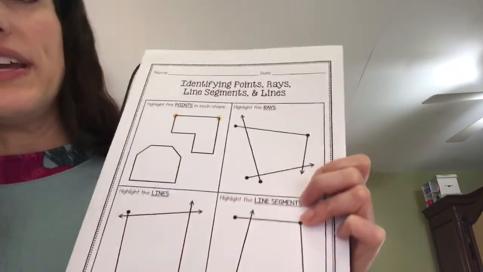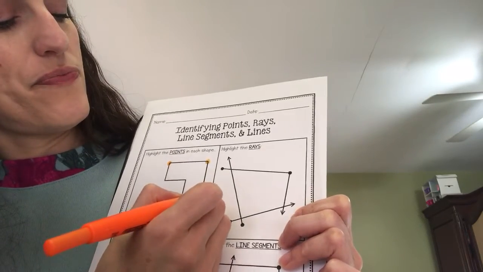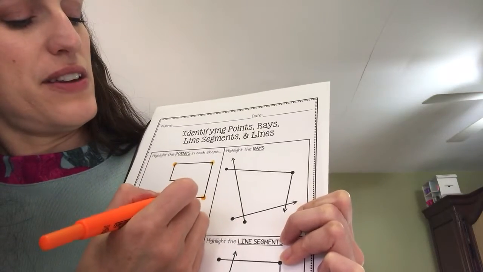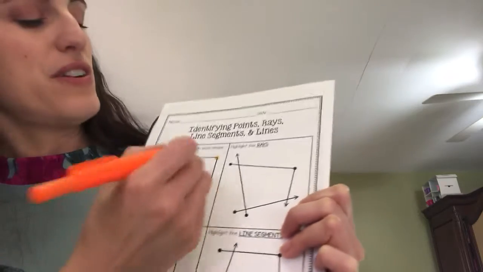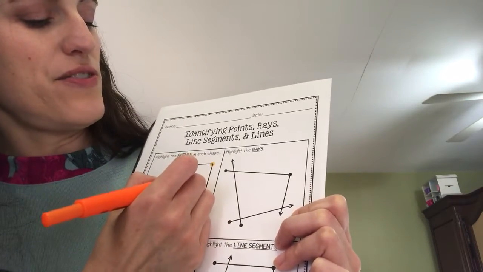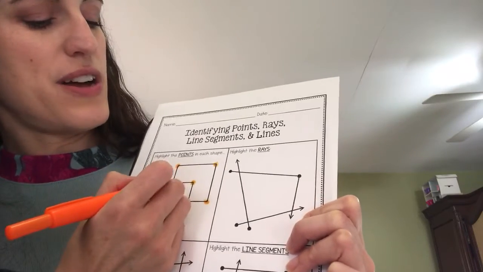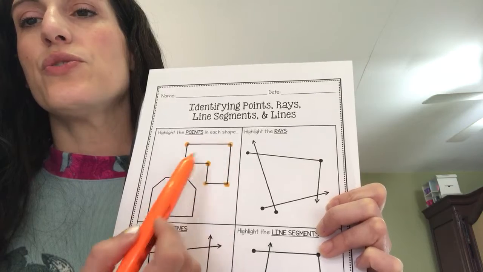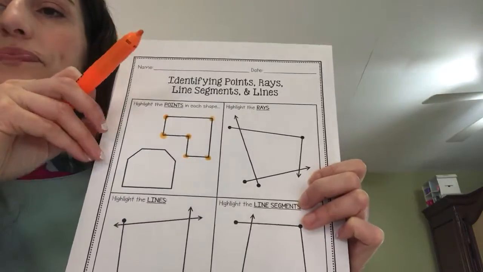This one would be a point down here, down here. Good. This right here, don't forget that one. And the last one. So there was actually 1, 2, 3, 4, 5, 6 in that shape.